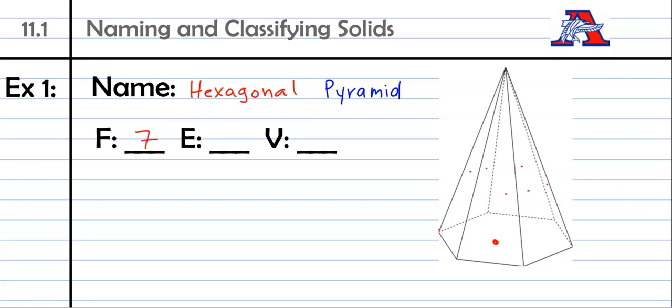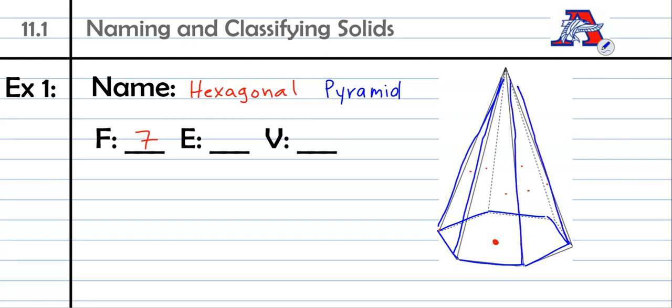Okay, for edges, we have to count 1, 2, 3, 4, 5, 6, 7, 8, 9, 10, 11, 12. 12 edges. And then vertices, there won't be as many. We have all of the corners down here, so there should be 6 of them, plus the one pointy spot on the top. So 7 vertices, okay?